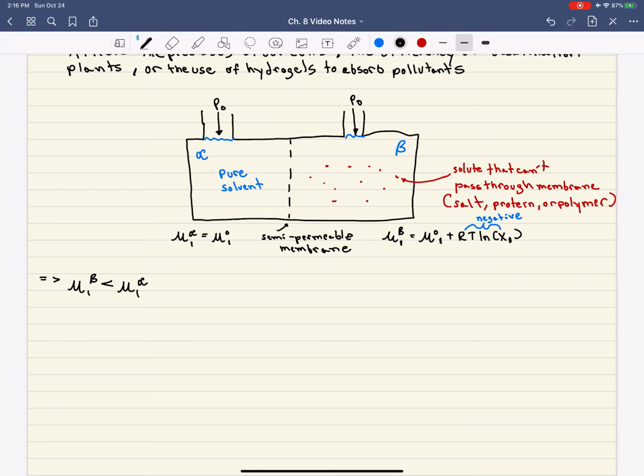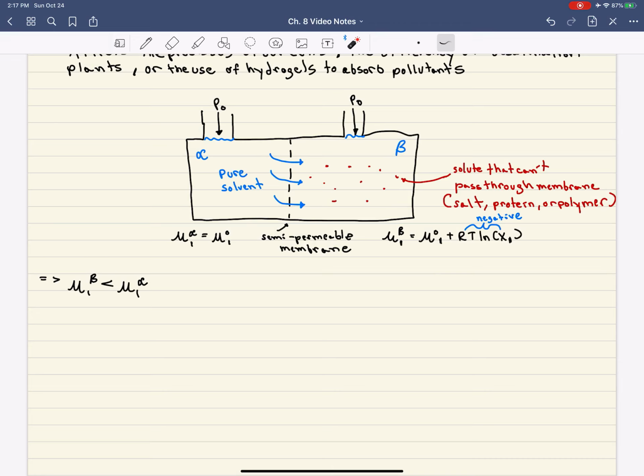And so what ends up happening is, if the solute can't move to the alpha compartment, what we're going to see is that the pure solvent is just going to move to the beta compartment. So we start to see pure solvent flow this way, from the alpha compartment to the beta compartment, because it's trying to equalize out those two chemical potentials. Okay?